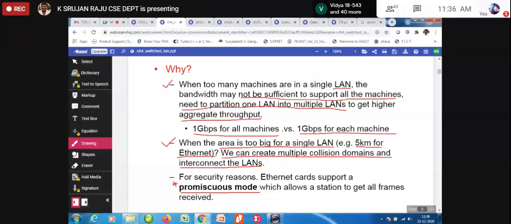So for security reasons, this promiscuous mode allows stations to get all frames received. Sir, is this a positive or a negative part of it? It is positive for our networking purposes. When you connect two networks, one node sends data frames to a node in another LAN.